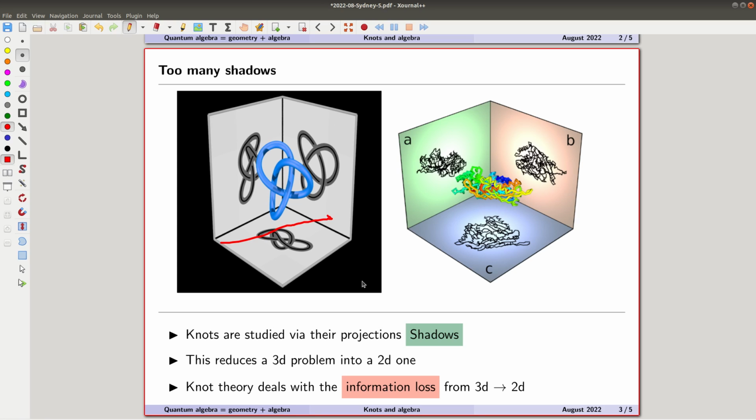And if you just look at it, it's obviously knotted. I mean, there's no way that this is the unknot, but how to mathematically prove it is a different question. And to convince you that this is not trivial, I have here a very, very nasty shadow for you of still the unknot. So the point is, when you project, it can be really, really crazy. It can get as nasty as you want.